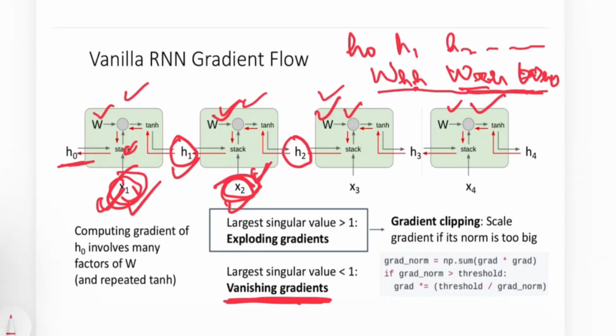But the problem is when your W has very small, low values, because every time it's getting multiplied. When you are finding H2, H3, you are multiplying your W with H2 and X3. In W, what do we have? You have WXH and WHH. WXH is multiplied with this, and WHH is multiplied with this, and then you are summing it.